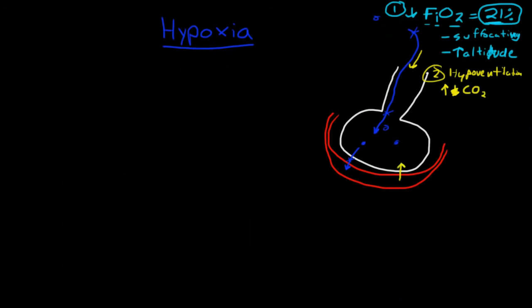Because the CO2 is going to build up very quickly in the alveolar space because of its rapid diffusion, and then only after a few minutes later is the oxygen level going to drop. Okay, so that's the second thing that could happen.